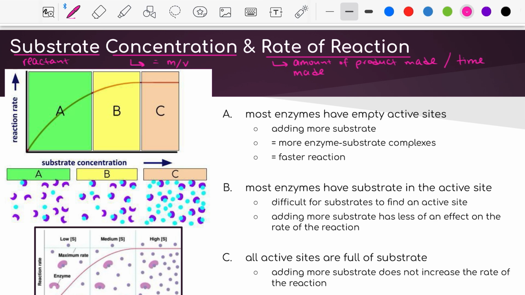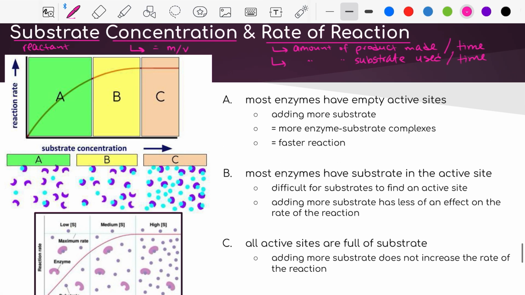But the other way that we can measure this is the amount of substrate used divided by time. Right, so we can measure either the appearance of the product or the disappearance of the substrate.